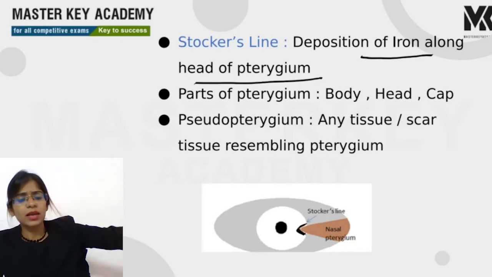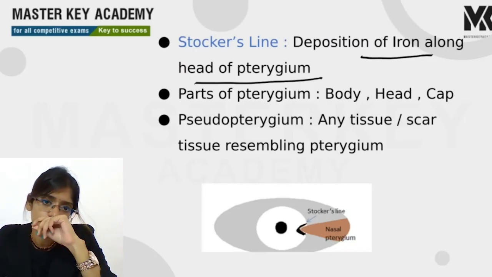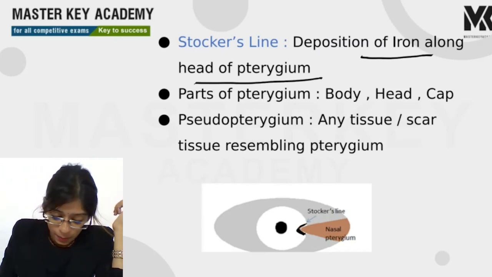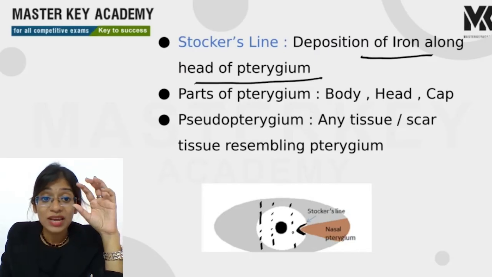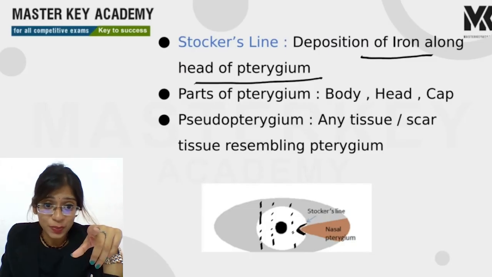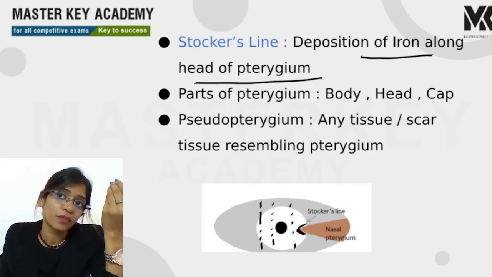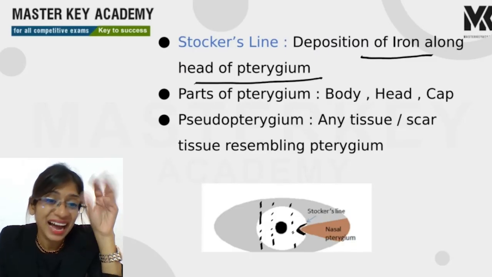You tell me why iron gets deposited over the head of pterygium. Why does it occur? You know that tears flow down the cornea normally. Now, if a patient has pterygium, do you know what is in these tears? It has got small amounts of iron in it.